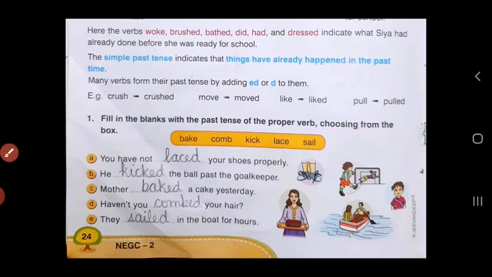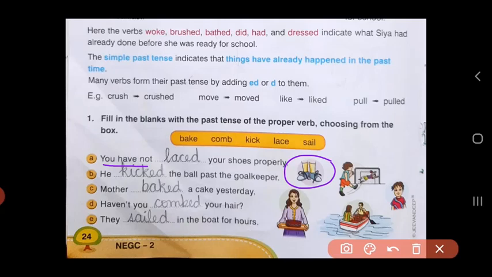Let's do the first one. First one, you have not dash your shoes properly. Here the verb is lace. Past tense will be laced by adding d. You have not laced your shoes properly.